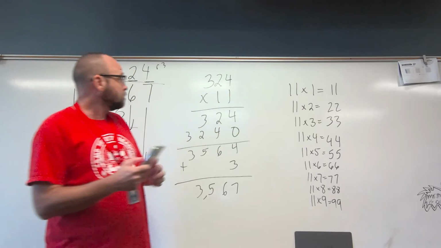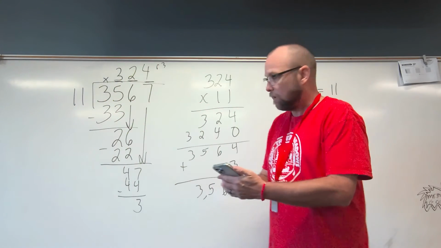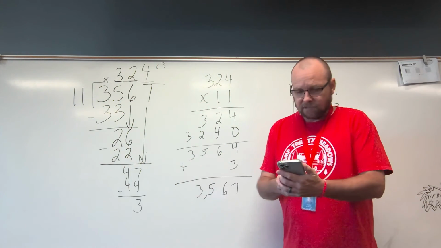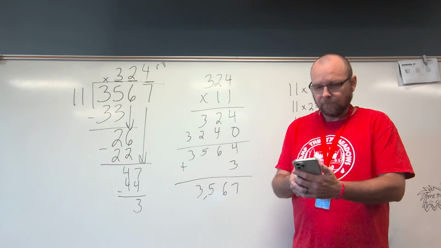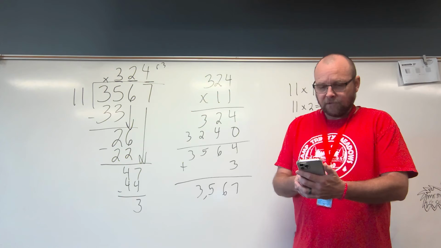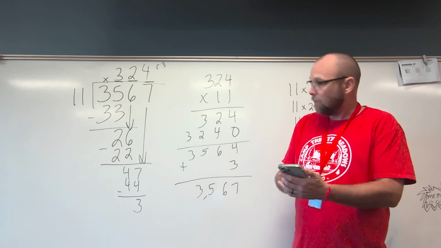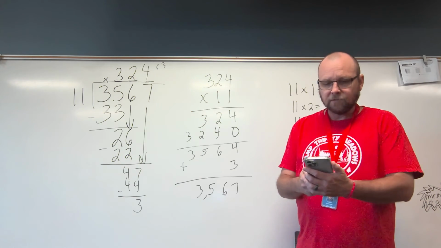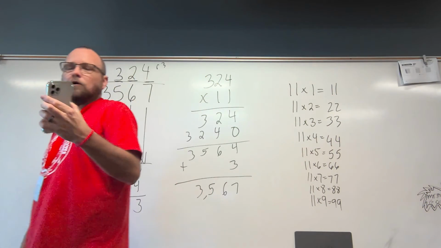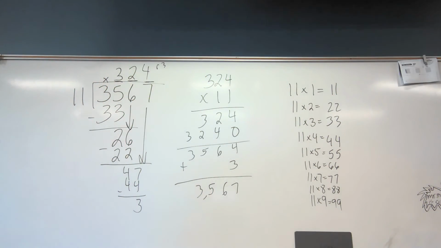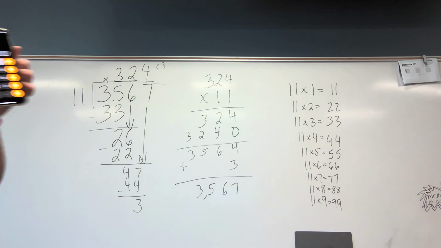I'll prove to you with this problem. 3, 5, 6, 7 divided by 11 equals, my answer on here says 324.2727272727.